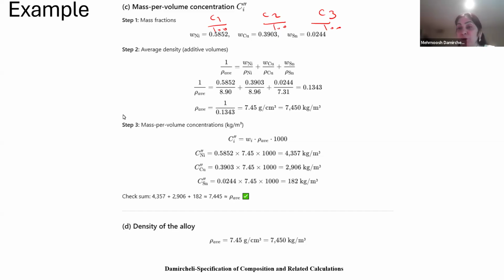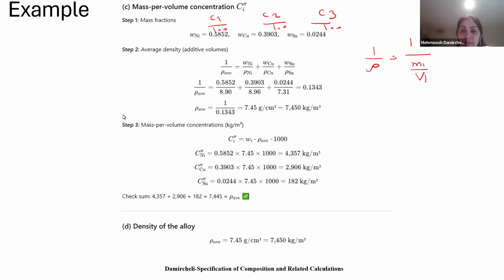For 1 per rho average, okay, what is 1 per rho average? It means 1 per rho equals mass percent of Ni per rho Ni, mass percent of Cu per rho Cu, and mass percent of Sn per rho Sn.